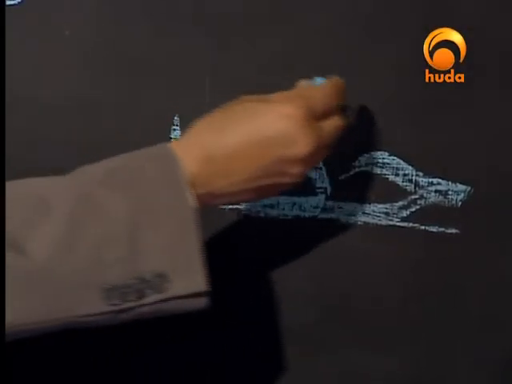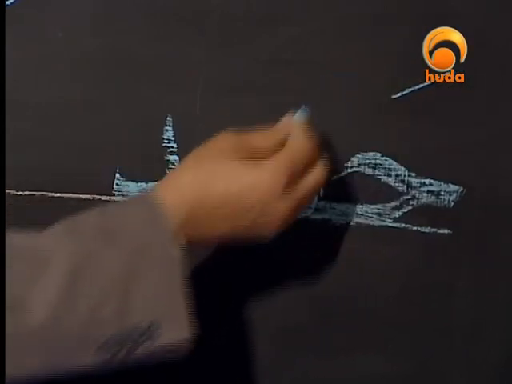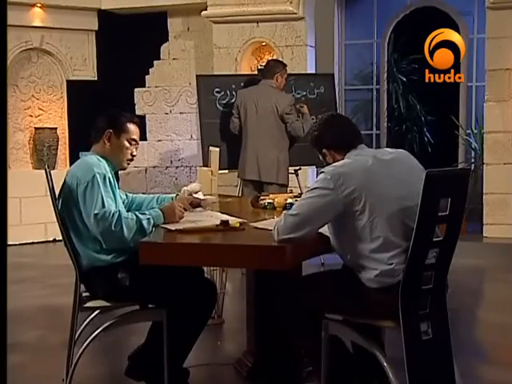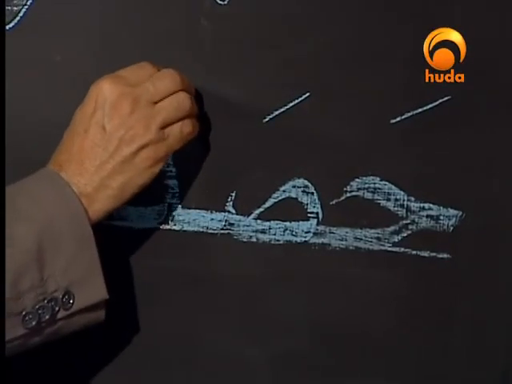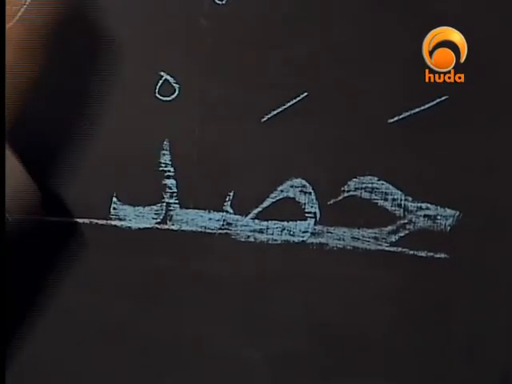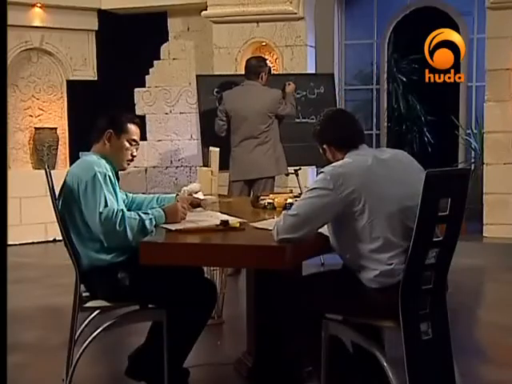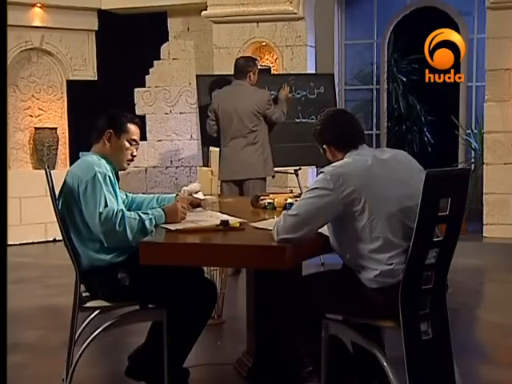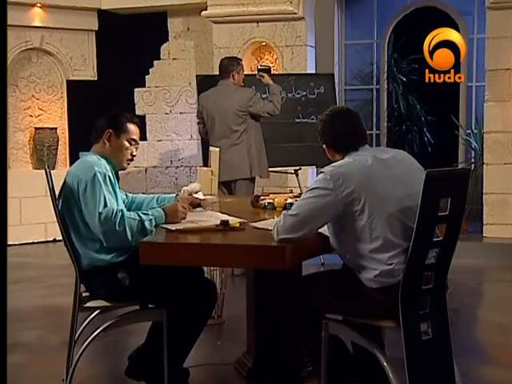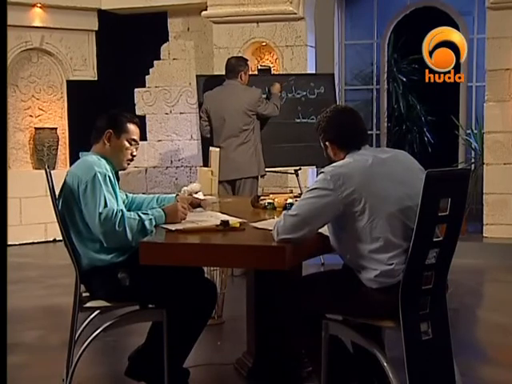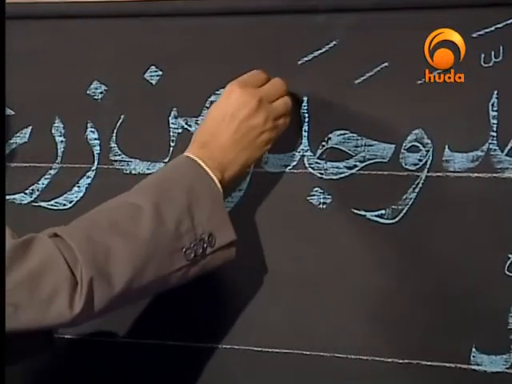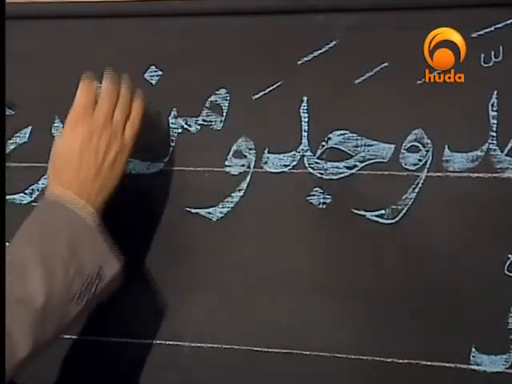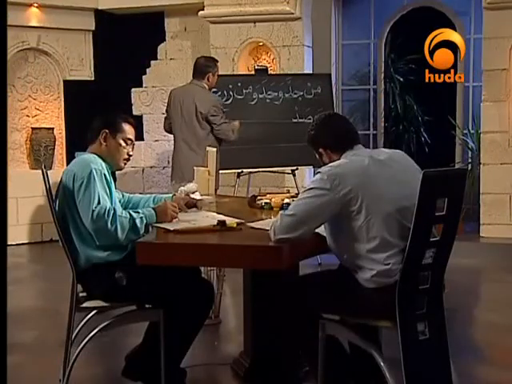Let's do the intonation of this one. Ha is up tone, Sad also, and Dal is silent, sukun. Like this. Here, Waw also, a tone, and the Jim same, Dal also same, Waw, just only to fill the spaces between the letters.